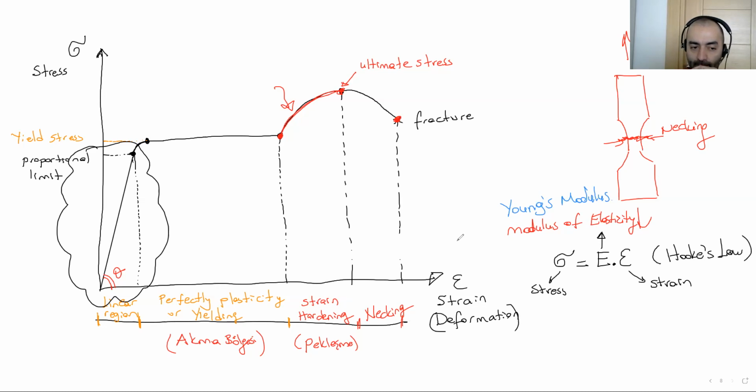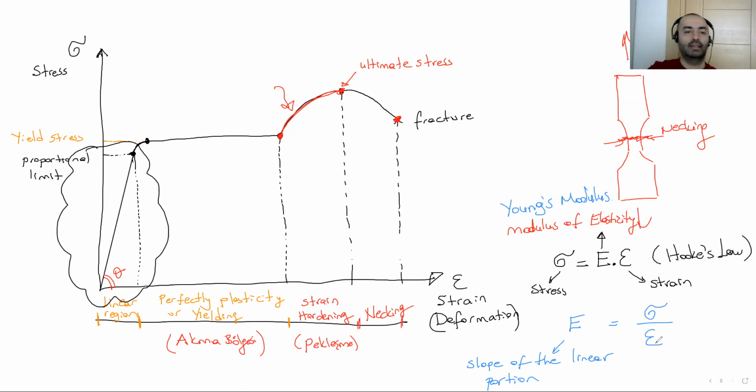What is this E? This E is the slope of this linear line. Okay, E is the slope of the linear portion, sigma over epsilon.